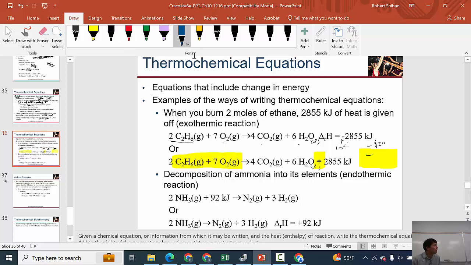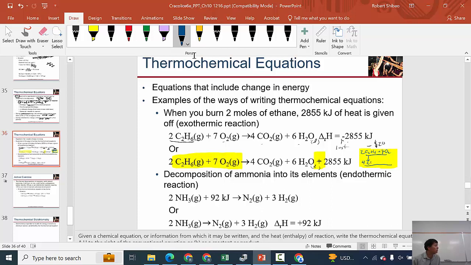That is methane, or not methane, this is ethane, C2H6, 2 ethanes plus 7 O2s. I'm going to get rid of the states because there's not enough room here. Is 2,855 kilojoules higher in energy, potential energy, than 4 CO2s and 6 waters.